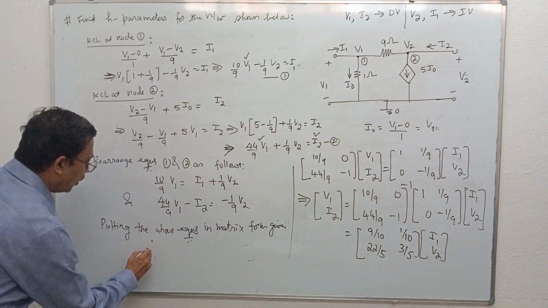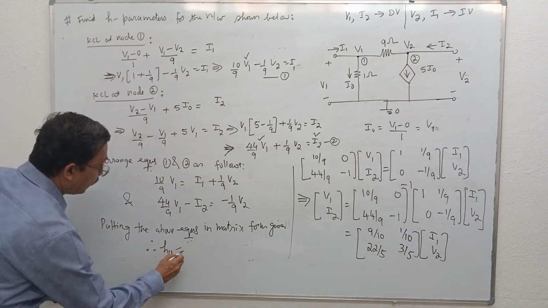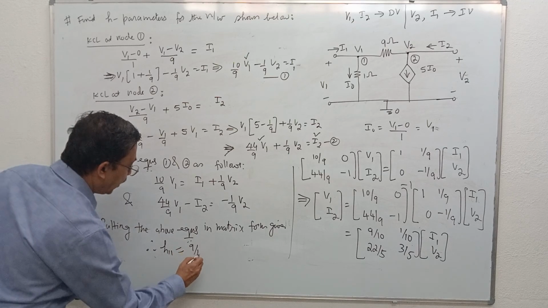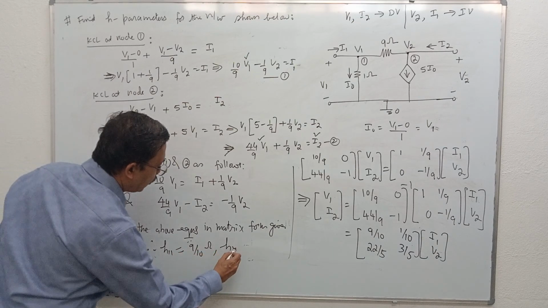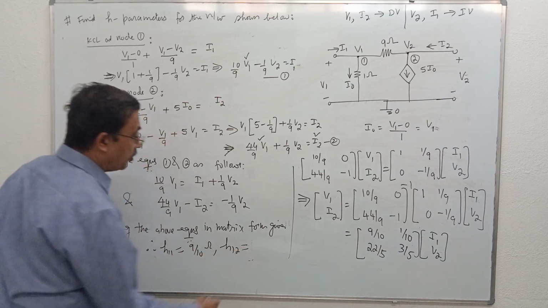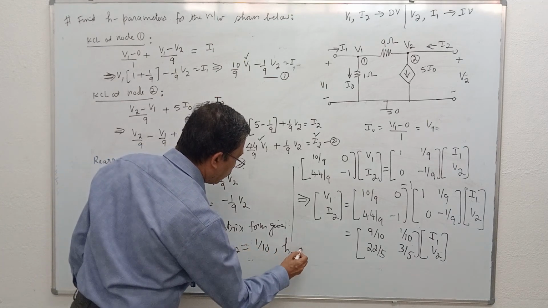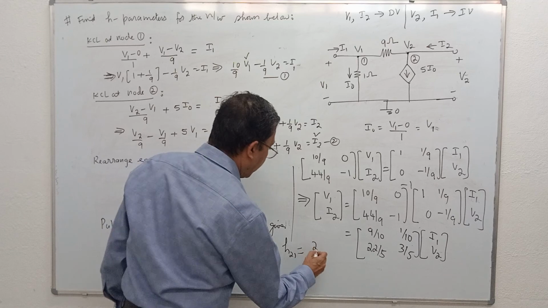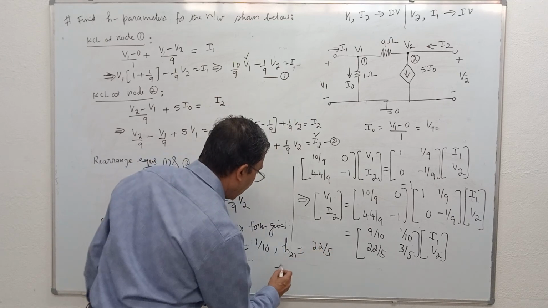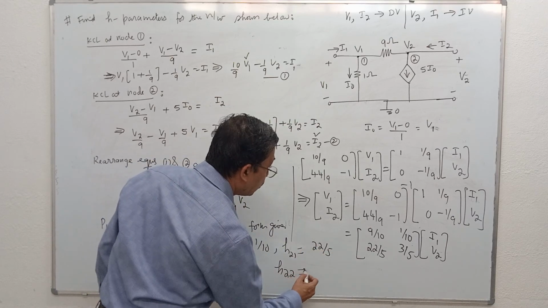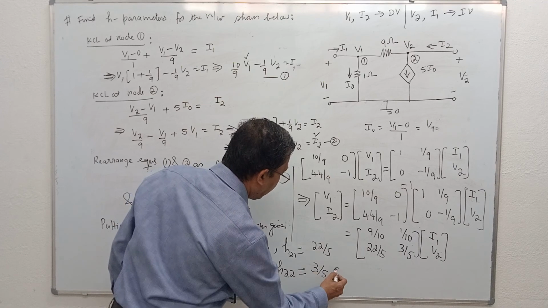Therefore H11 is equal to 9 by 10 ohms. H12 is dimensionless, 1 by 10. H21 is equal to 22 by 5 and H22 is equal to 3 by 5 Siemens.